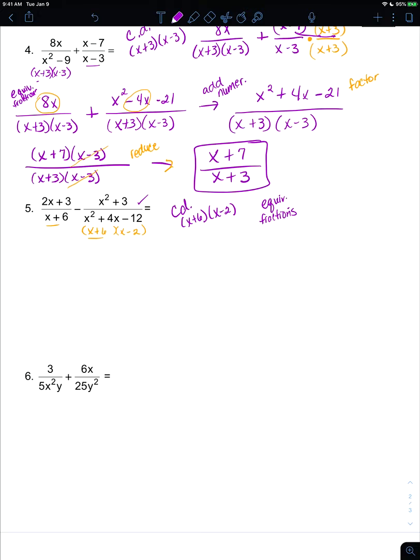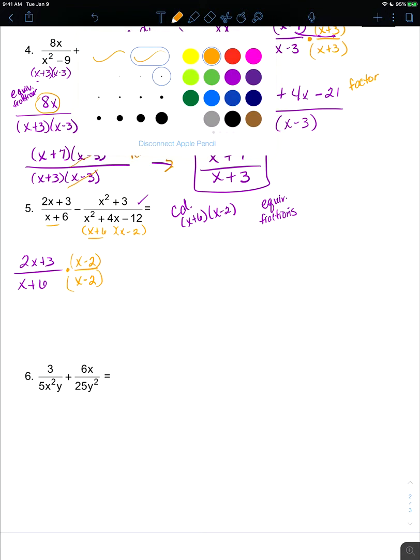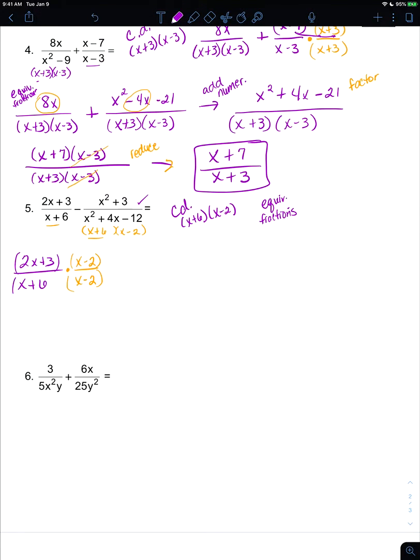By taking, let me just start over here, 2x plus 3 over the x plus 6. And that term needs that x minus 2. So we're going to multiply that term by that x minus 2.